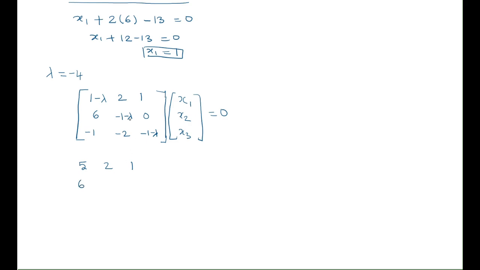Minus 1 minus 4 times minus, which is plus 4. 4 minus 1 is 3. So I have 3 here and then 0. Then minus 1 minus 2 and once again 3 here. Now this is multiplied with x1, x2, x3 and then the right hand side is 0.